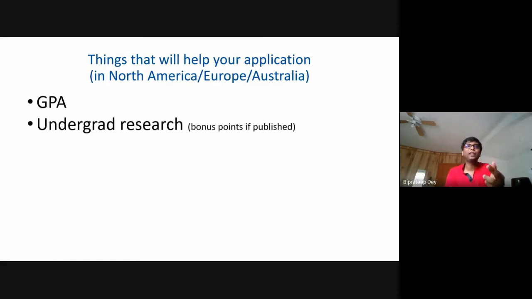I've written them down one after another, but these are equally important. You do not need to have a stellar GPA and have done publishable research, but if you are decent in both of them, you're good. Or even if you do not have a very good GPA and have done a good amount of research, that's also good. You just have to be good in one of them, or slightly good in both of them.